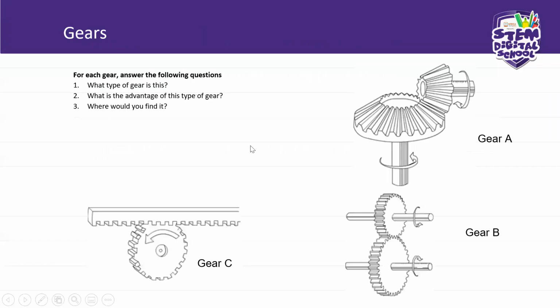Now, it's a revision of gears. When you look at these gears, from your knowledge in grade 7, surely you can identify these gears. What are these gears? Can you name them? What type of gear is this? Gear A, name the gear. Grade 8.